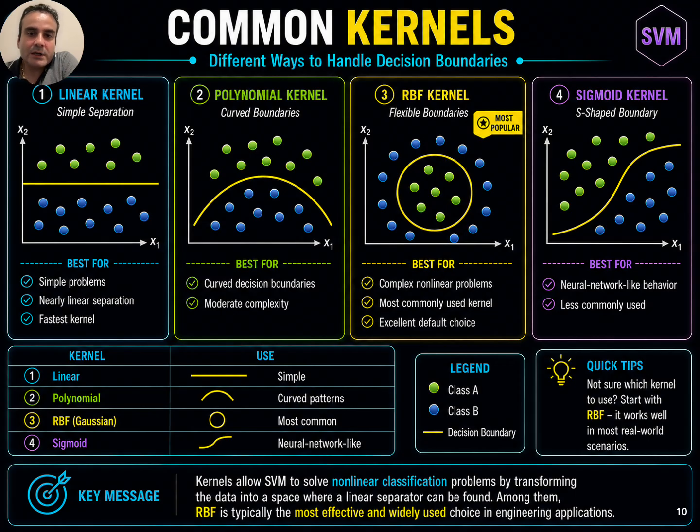The sigmoid kernel produces S-shaped boundaries and behaves similarly to certain neural network activation functions. When little is known about the dataset and the structure of the data, the RBF kernel is often the best choice to start with.